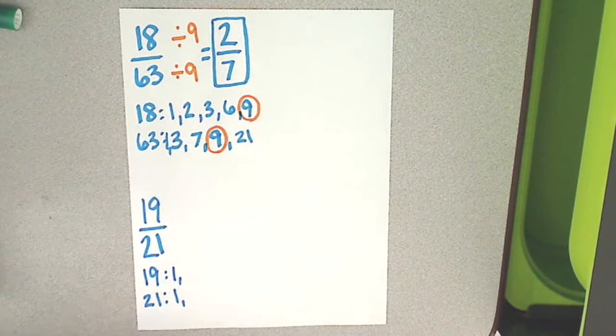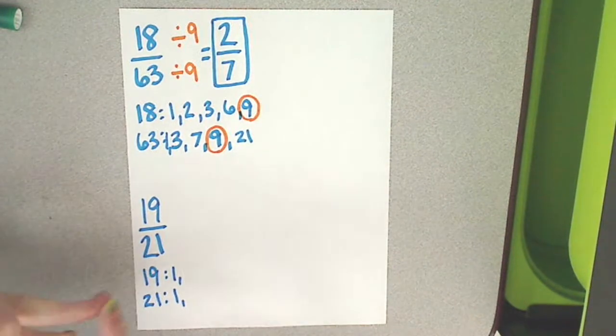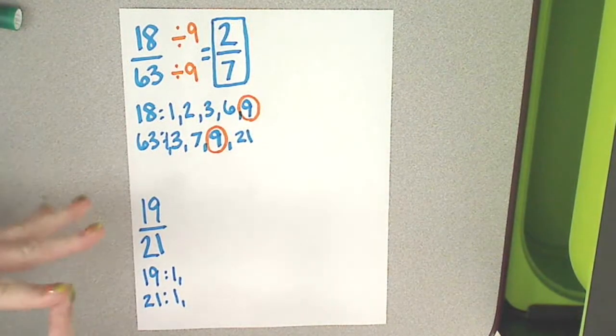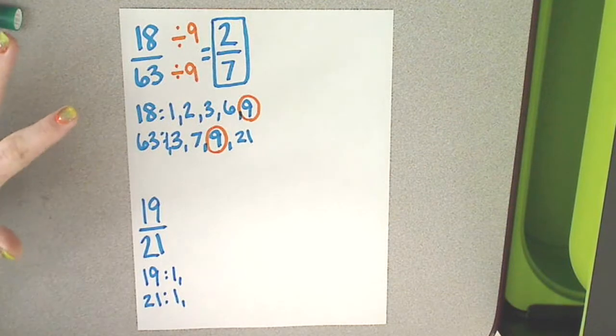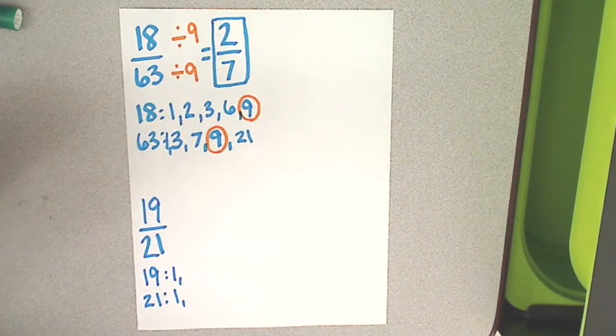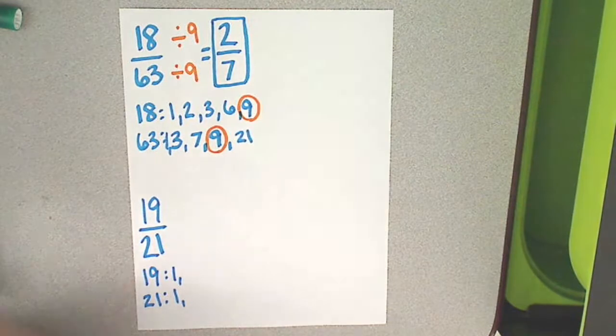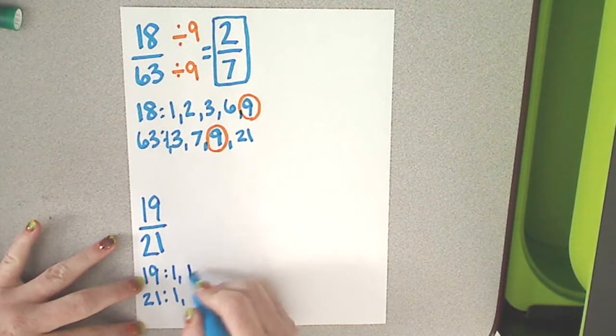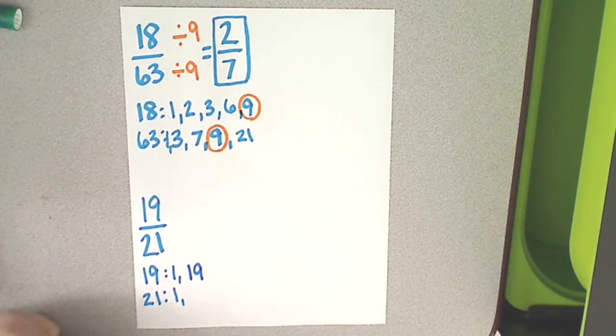I cannot multiply 2, 3, 4, 5, 6, 7, 8, 9, 10, 11, 12, 13, 14, 15, 16, 17, or 18 by a whole number that would equal 19. So my only factors are 1 and 19. Now let's take a look at 21.